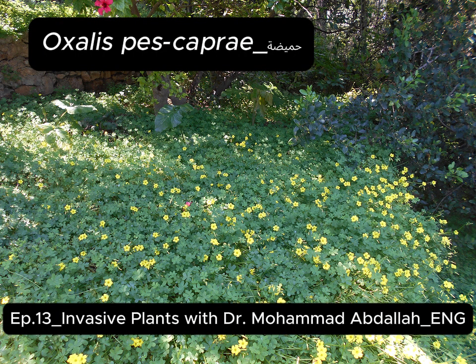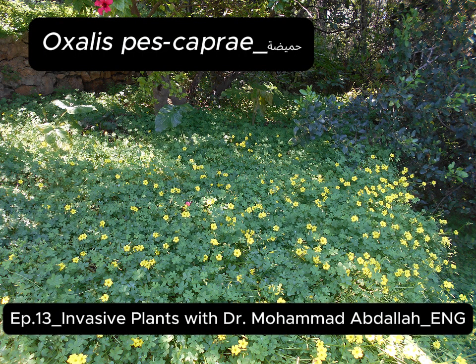Oxalis pes-caprae, al-Humayda, again is an invasive species, and here comes the saddest part. It's one of the worst ones in Lebanon, because you automatically see it correlated in all these images with olive orchards.